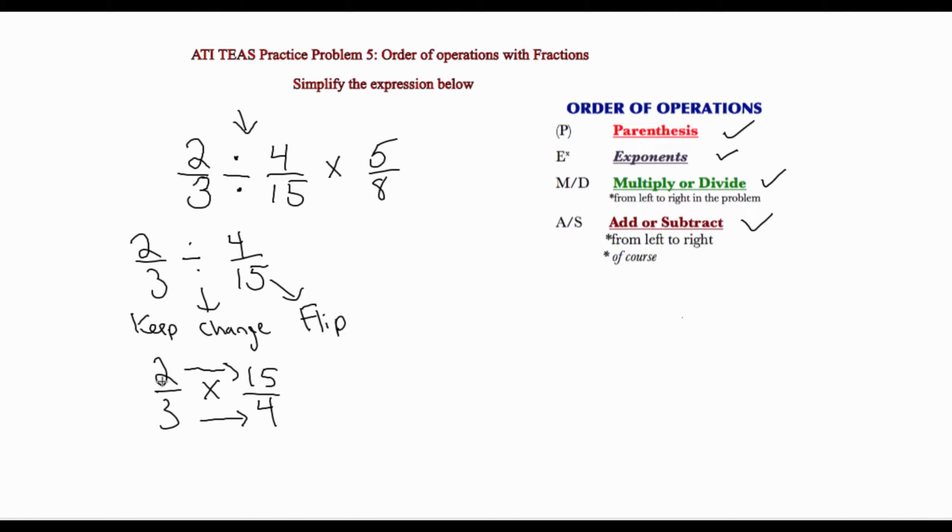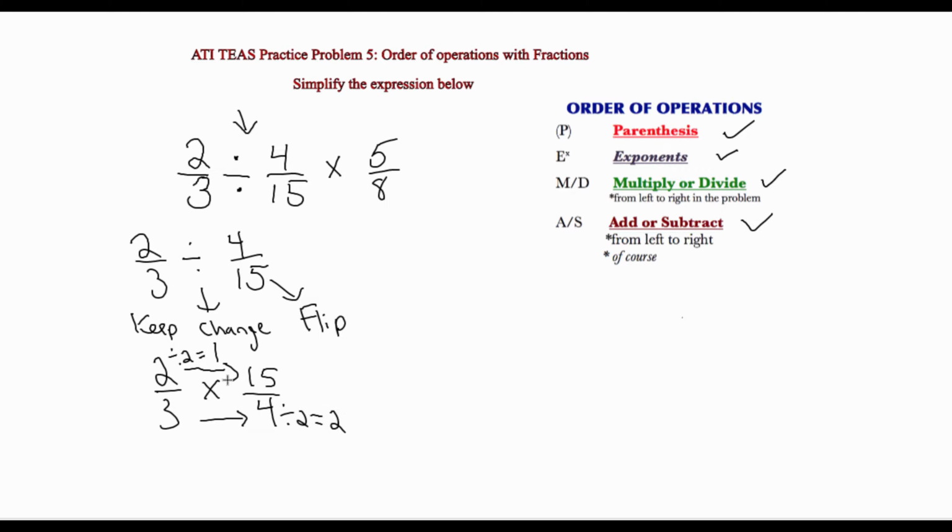Okay, so we have 4 and we have 2. We're going to cross reduce these fractions. What can we divide 4 and 2 by? Well, we can divide 2 by itself, which gives us 1. We can divide 4 by 2, which gives us 2.